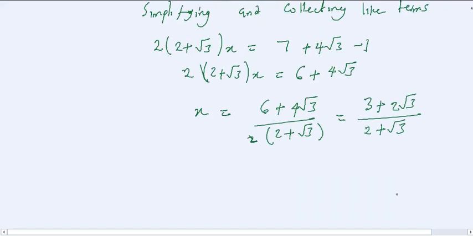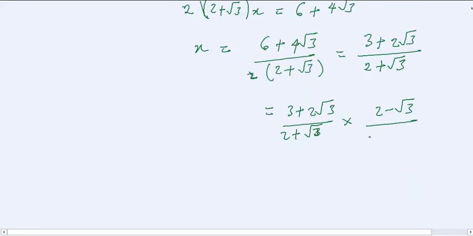So from here we can just rationalize 3 plus 2 root 3 over 2 plus root 3. Rationalize by taking the conjugate, 2 minus root 3 all over 2 minus root 3.